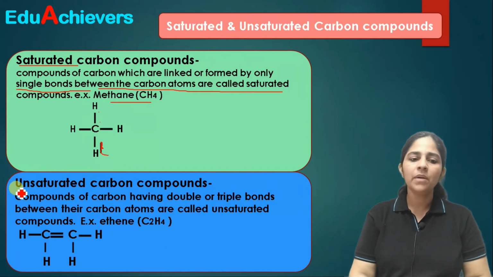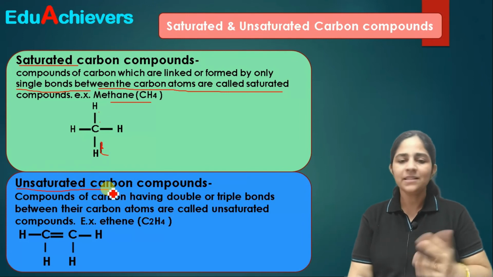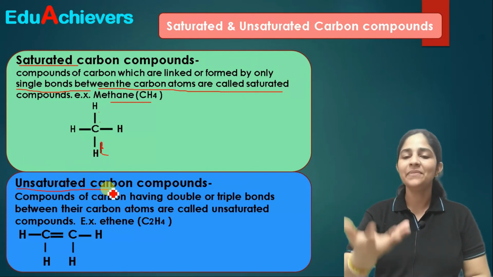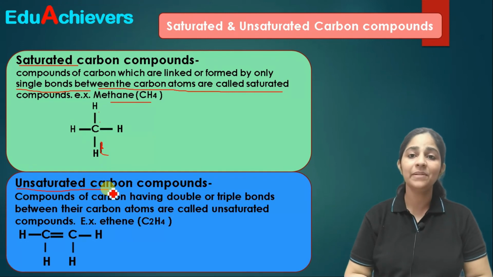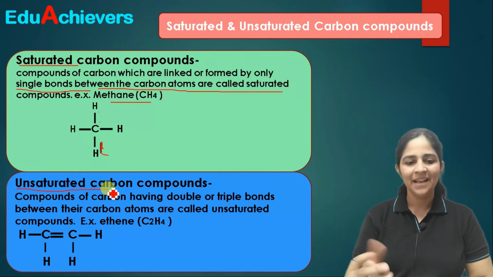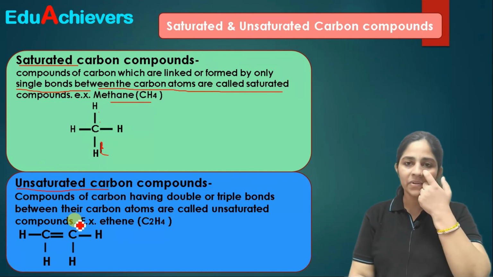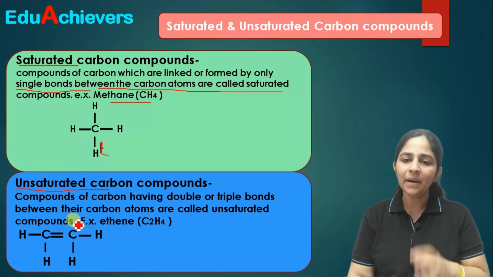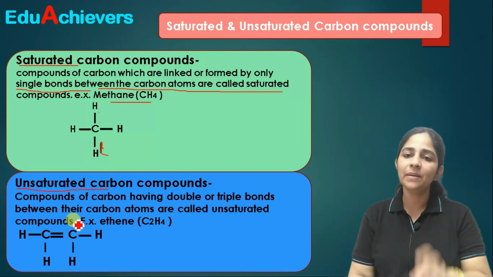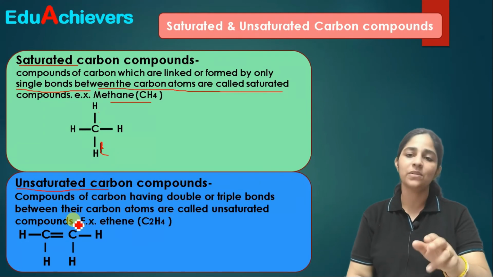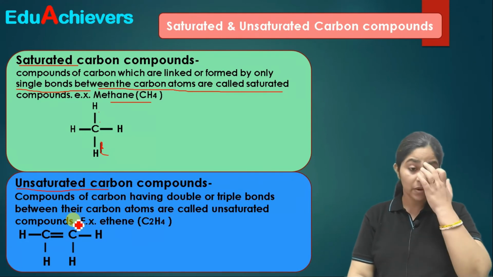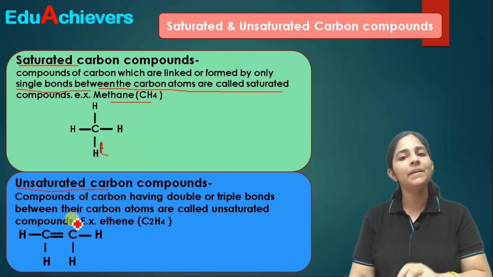Okay, so next we talk about unsaturated carbon compounds. Unsaturated means which are not saturated. That means they will not be having only single bonds. That means they will be having double bonds and triple bonds. It is not that unsaturated compounds cannot have single bonds, but there will be presence of double or triple bonds in those compounds, and that's why we call them unsaturated carbon compounds.